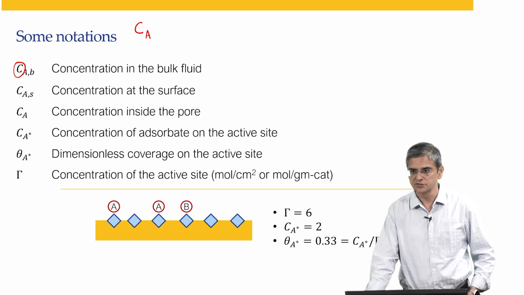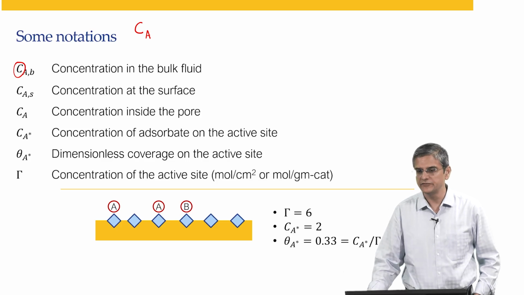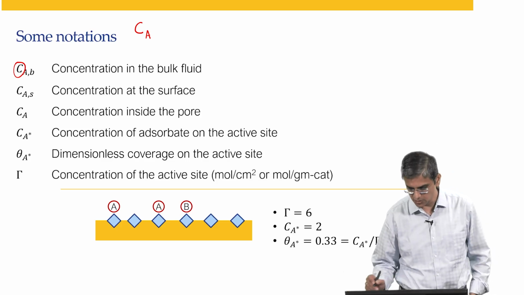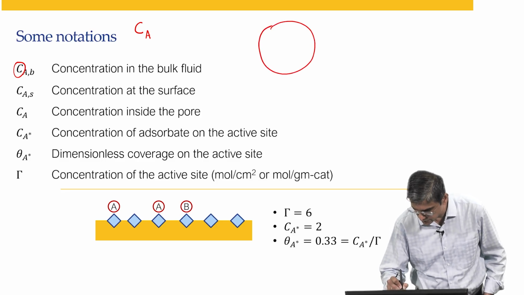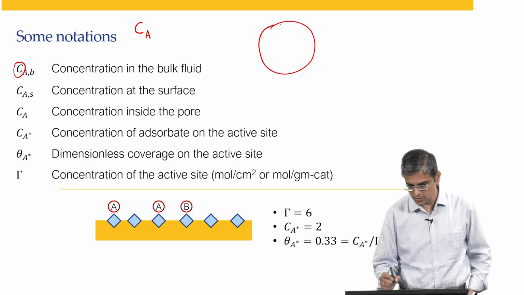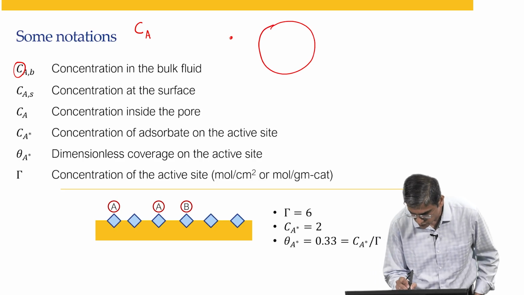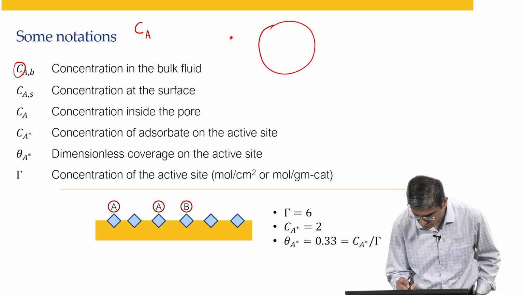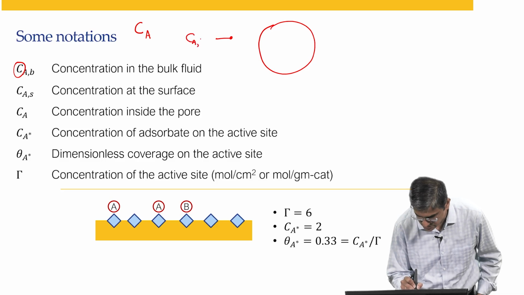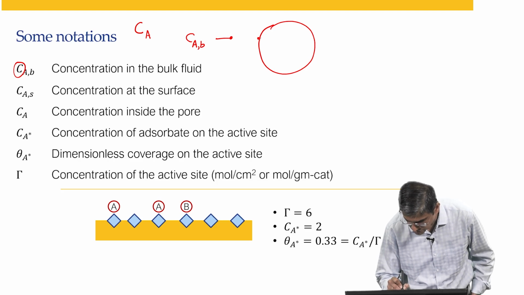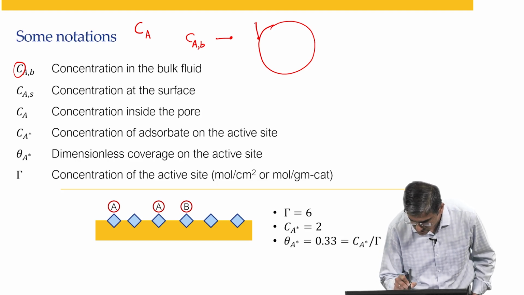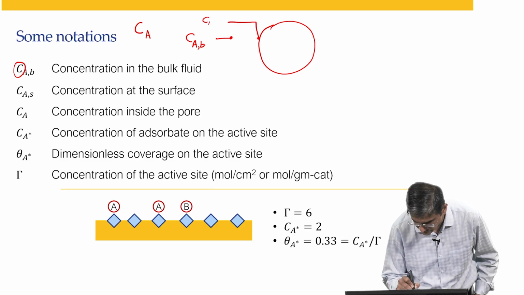So, CA is just generally a concentration which could vary with various different locations. Now, when we are talking about a catalyst particle, let us look at a catalyst particle. The value of concentration over here, we will represent this as CAb. The value of the concentration at this point at the surface, we will represent this as CAs.